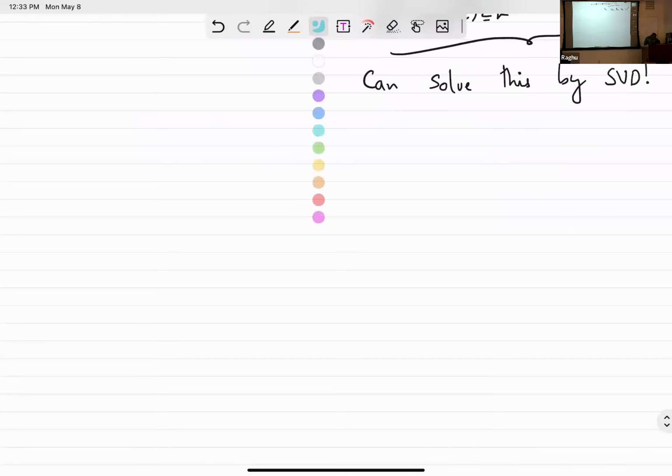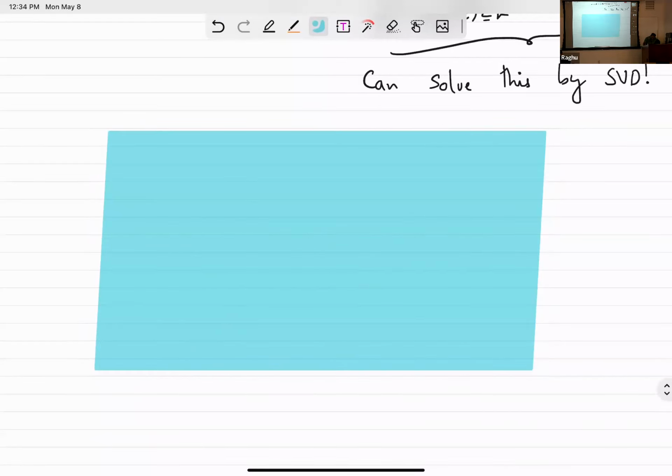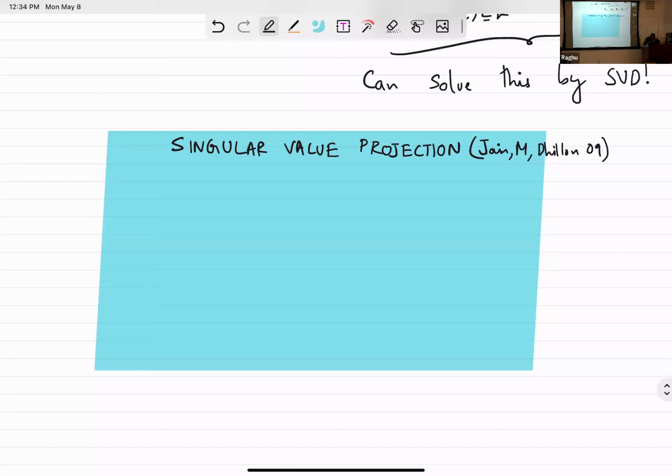And this leads to the following algorithm, which we called singular value projection. This is from a paper with Jane, myself, and Dylan from 2009.